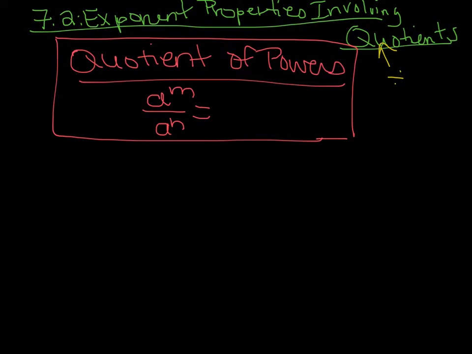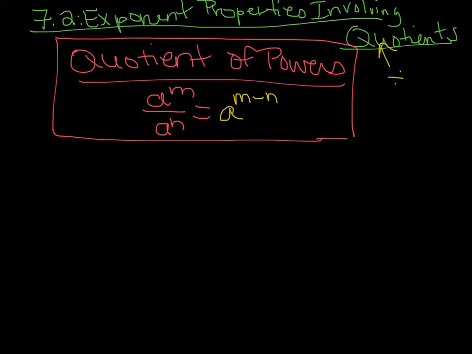If you look back at the previous section, most of our rules had stuff about products, which had to do with multiplication. So, when we have two things with the same base being divided, you're going to keep the base the same. It's still going to be a, and you're going to subtract your exponents.